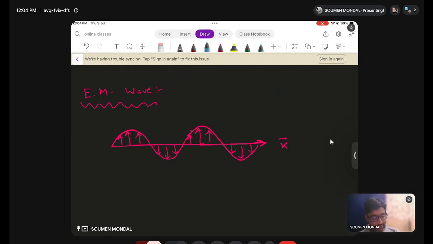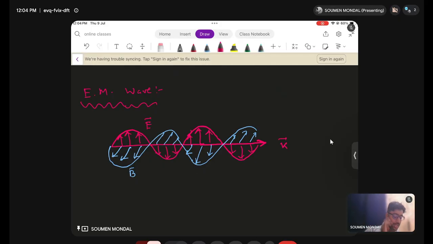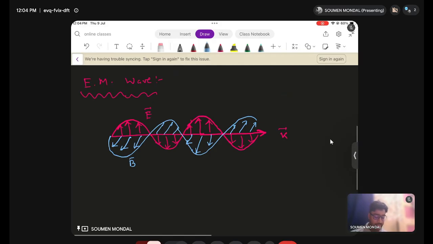Also, perpendicular to that electric field, there is a magnetic field. So this is B and this is E. You can think of this as a ray of light we are representing, or sometimes we call this a plane wave representation. Here the electric field is oriented in a particular direction, in the plane of the paper or the plane of the board.